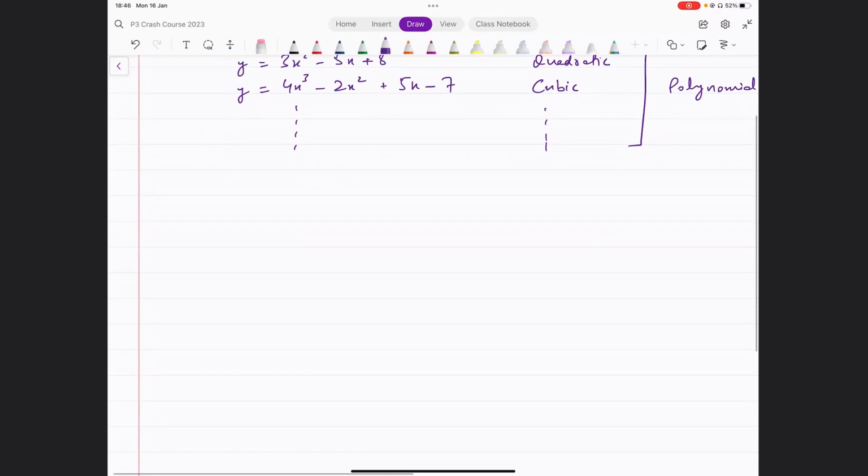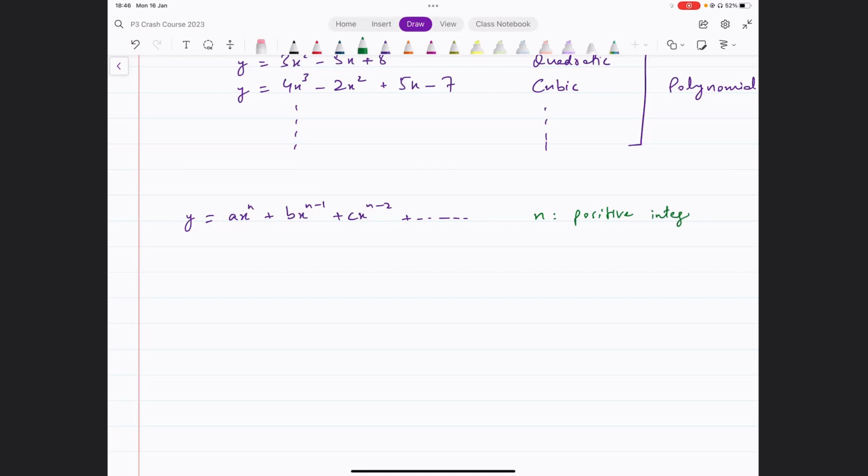So in general, if we have anything in this form, y equals ax raised to power n plus bx raised to power n minus 1 plus cx raised to power n minus 2, and so on, where you have integer powers of x being added or subtracted, there has to be a positive integer.